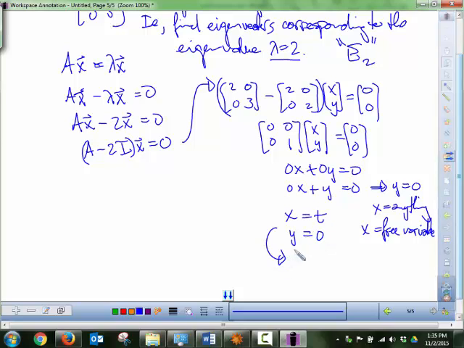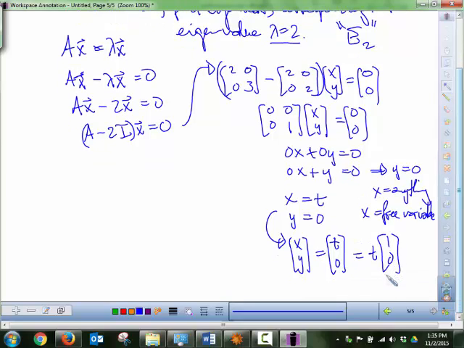So from here, you force it into one of those systems, x, y equal to t, 0, which is t times 1, 0. And there you go again. This is your eigenvector.